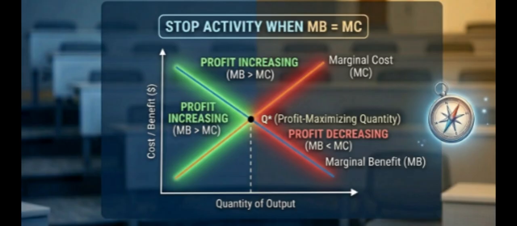A green glowing aura expands up to Q star. This is labeled as profit increasing, that is, MB is greater than MC. A red aura, on the other hand, starts after Q star. It's labeled as profit decreasing, that is, MB is less than MC. The summary text at the bottom indicates clearly that we stop the activity when MB is equal to MC.